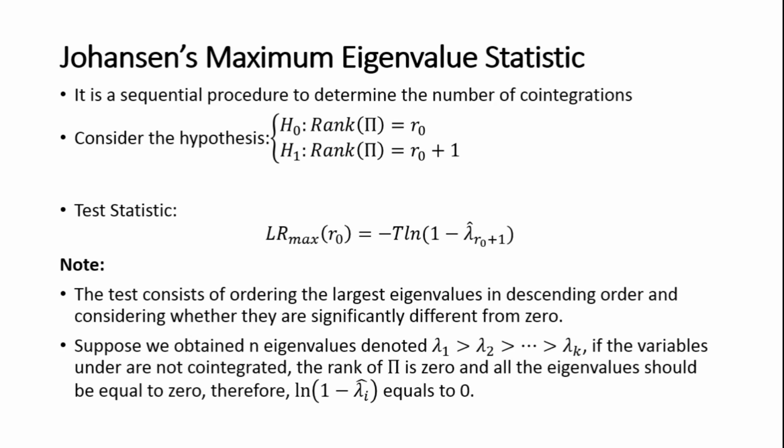If the variables under study are not cointegrated, the rank of Pi is 0 and all the eigenvalues should be equal to 0. Therefore, the logarithm of 1 minus lambda i equals 0.